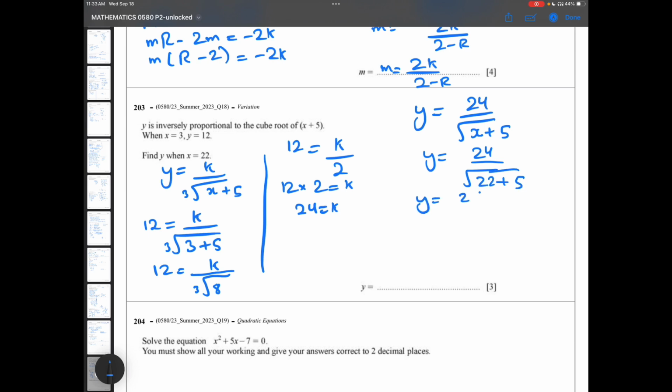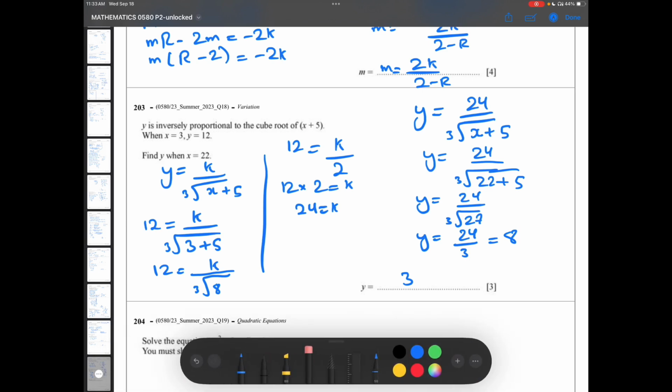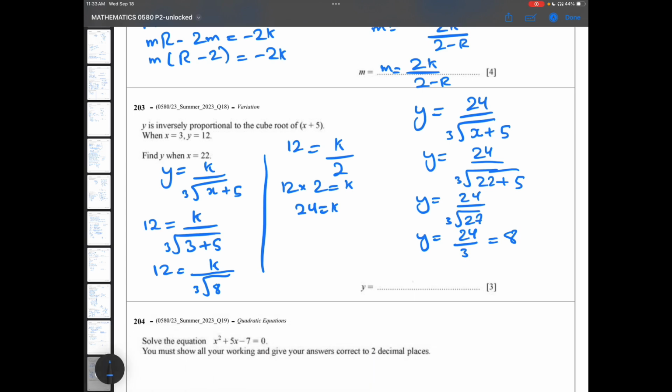And y is equal to 24 upon cube root of 22 plus 5 is 27. So cube root of 27 is 3. It becomes 24 upon 3 is equal to 8. So this is our value of y. That's 8 when x was 22.